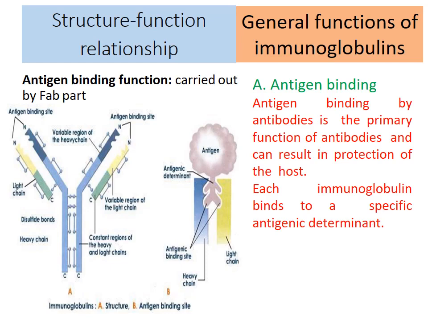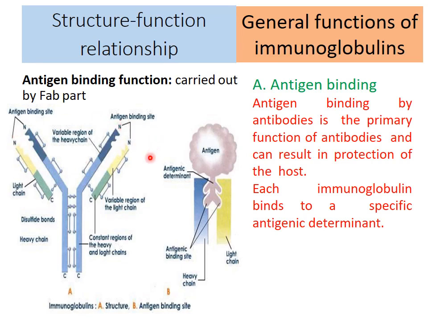Now, first, antigen binding. The main function of an antibody is obviously to bind with the antigen. So where are the antigen binding sites? We all know that it is the variable region of both light and heavy chain, present near the N-terminal end. These variable regions at the N-terminal end of both the light and heavy chain comprise the antigen binding sites.